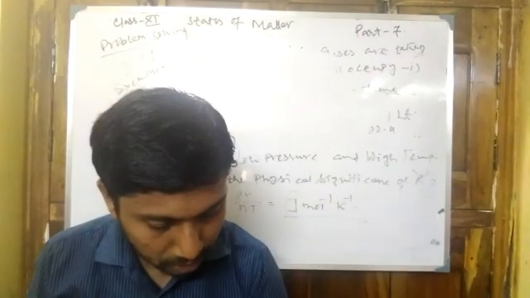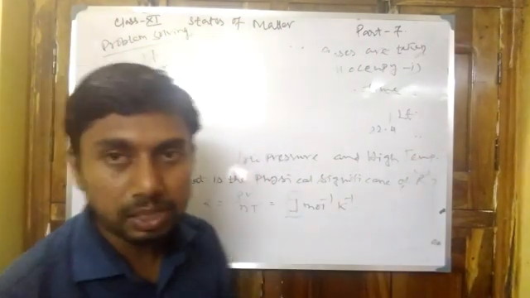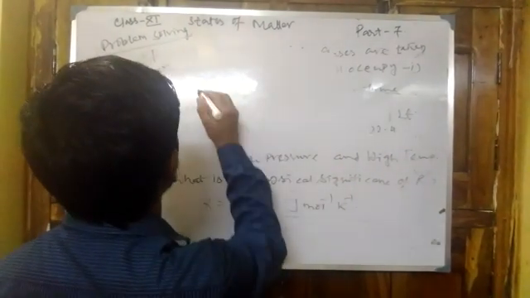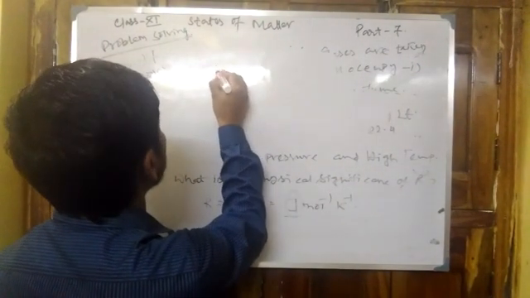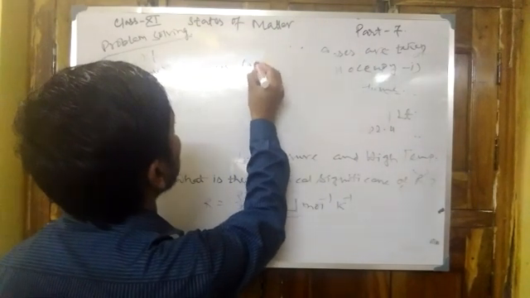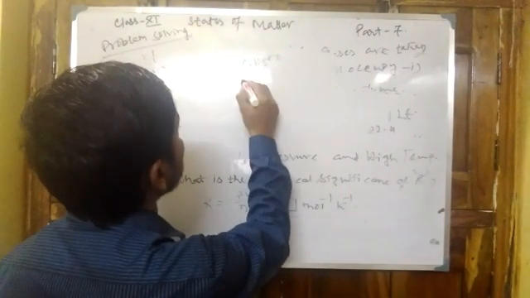This is NCERT exemplar question number 27. Arrange them in increasing order of surface tension, and the compounds are water, ethanol and hexane.